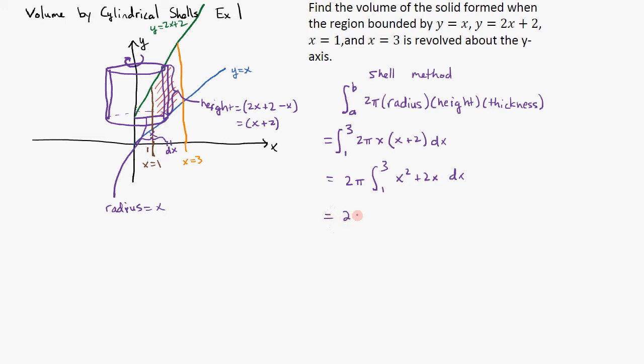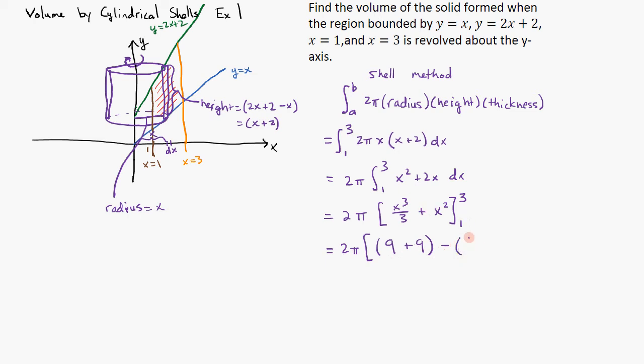Now all I have to do is find the antiderivative. Antiderivative is x cubed over 3 plus x squared, evaluated from 1 to 3. So if I plug in 3, it's 27 over 3, which is 9. 3 squared is also 9.